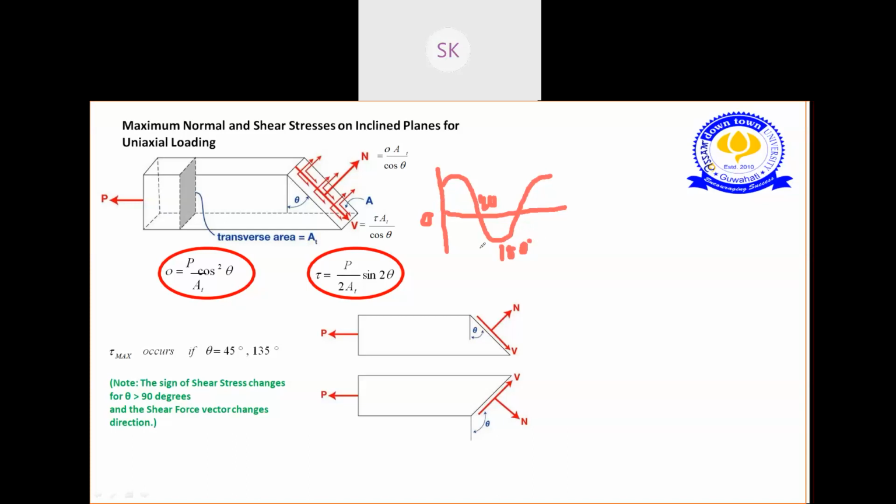So your sigma will be maximum if theta equals 0 degree and 180 degree. Clear this part? Yes, clear. So sigma is maximum when theta is equal to 0 degree and 180 degree.